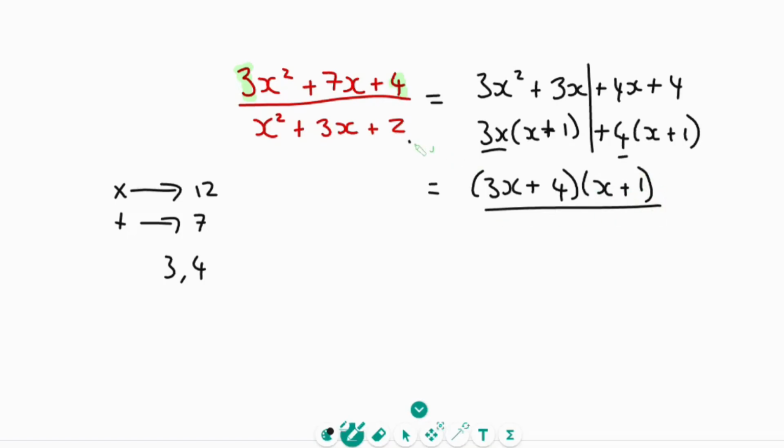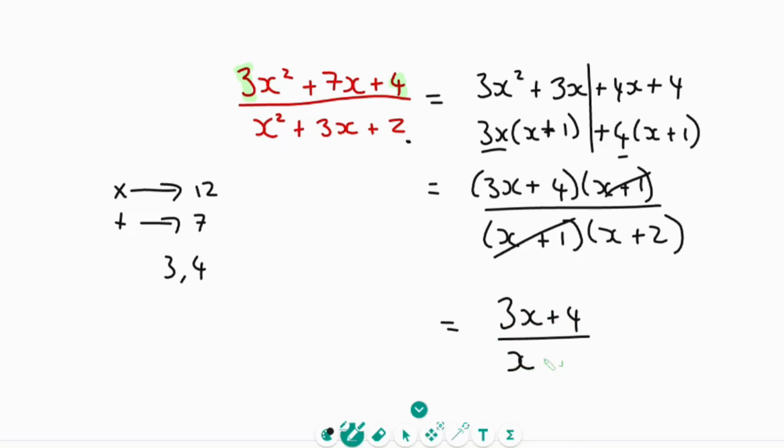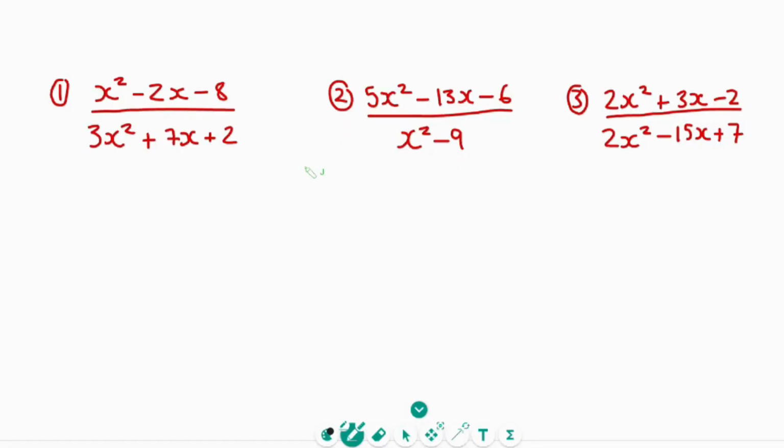And the denominator is x plus 1 times x plus 2, because 1 times 2 is 2, 1 plus 2 is 3. These cancel. Okay, have a go at these three now.